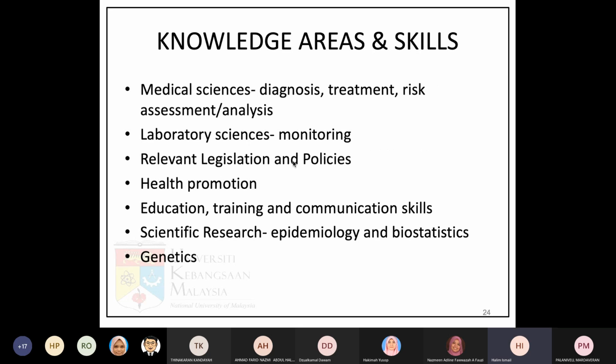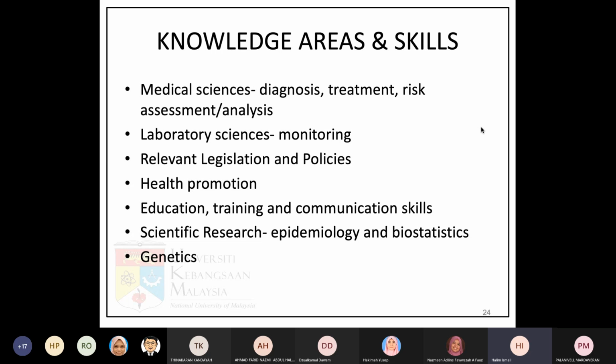Knowledge area and skill. In terms of knowledge area and skill, ni apa yang you tengah buat dah sekarang ni. You need to have medical science knowledge in terms of diagnosis, treatment, risk assessment, or analysis. Okay? In terms of diagnosis and treatment for certain disease, you dah belajar dulu masa undergrad kan.